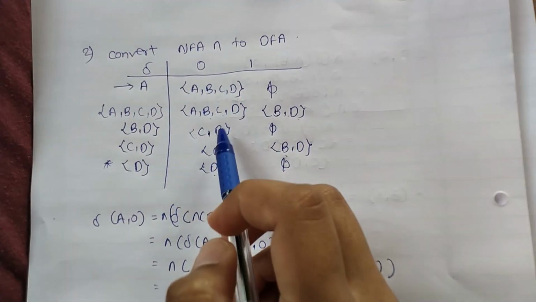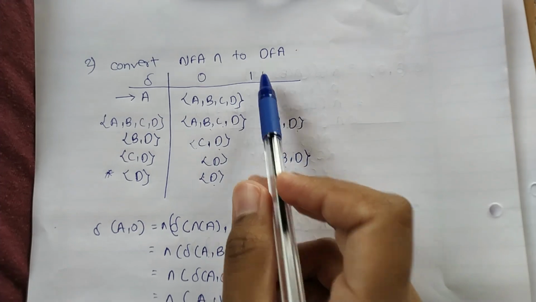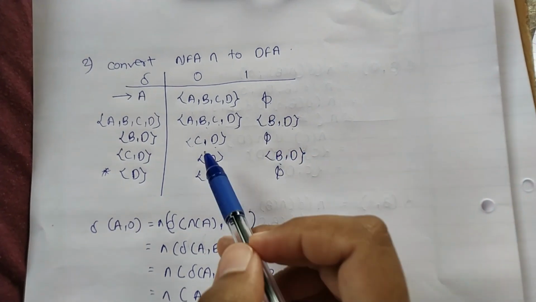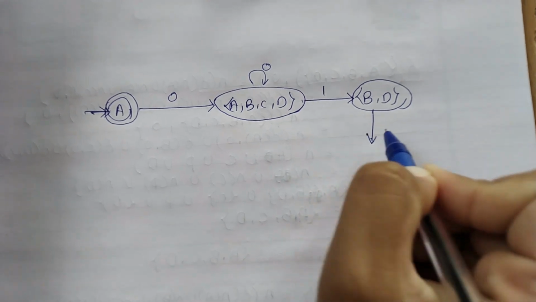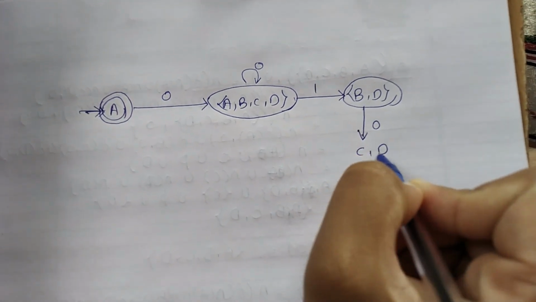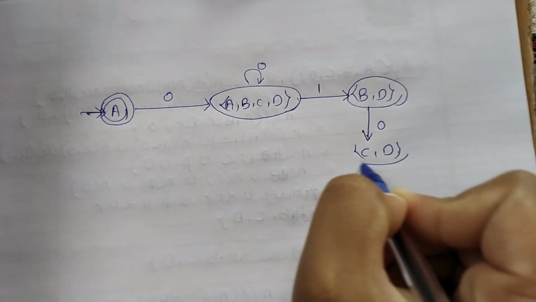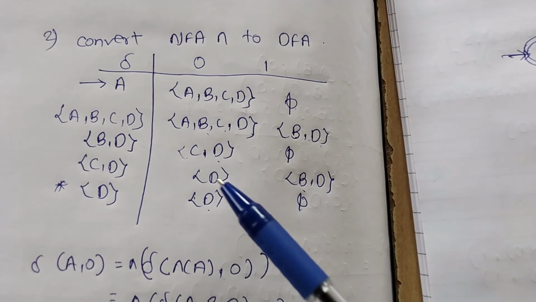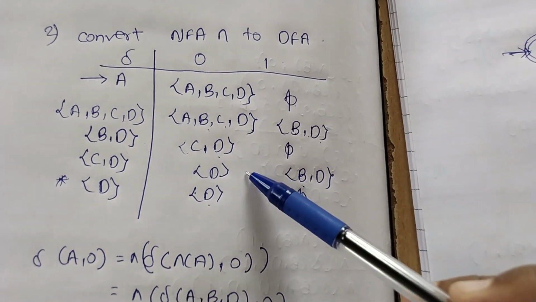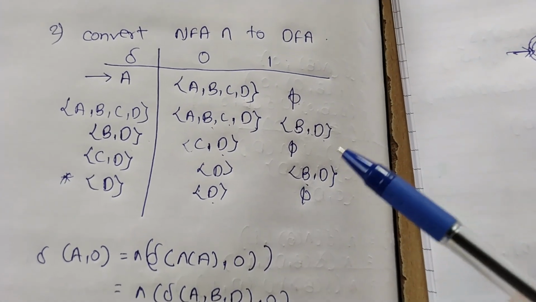Now BD reads 0 in CD and BD reads 1 in phi, meaning null. So we only draw CD for the 0. So here 0 is read by C and D. Now CD reads 0 in D, CD reads 1 in BD.